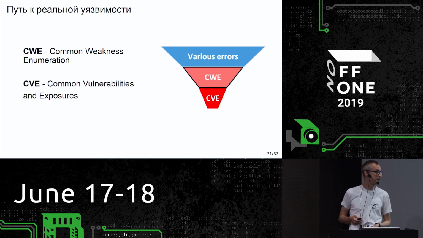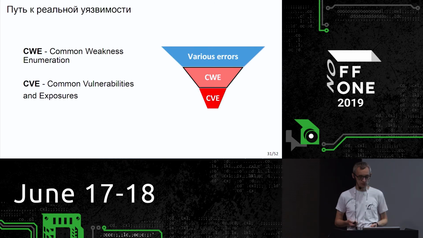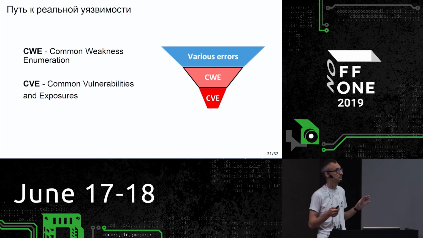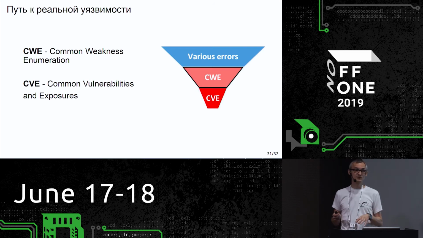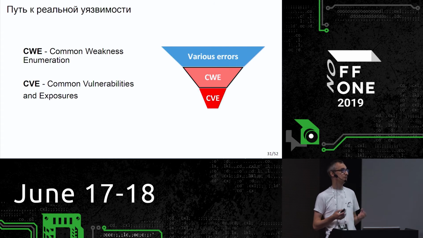So CWE is Common Weakness Enumeration, and CVE are real vulnerabilities. Look at this funnel of errors. They're very different. Some part of those errors, usually 60% or more, are common weaknesses. They are constructs in the code that are suspicious in terms of security, and under some circumstances, this code can work incorrectly, not as the programmer expected.